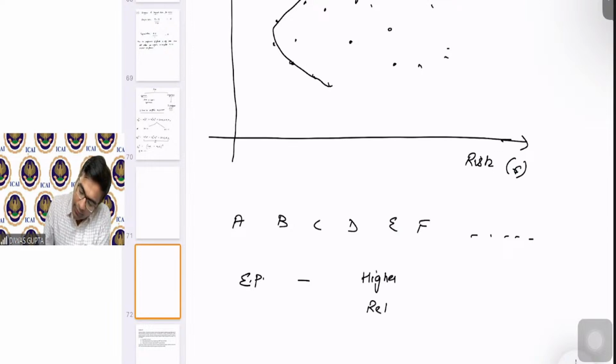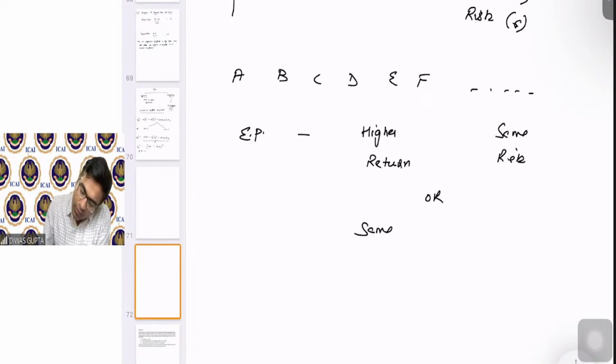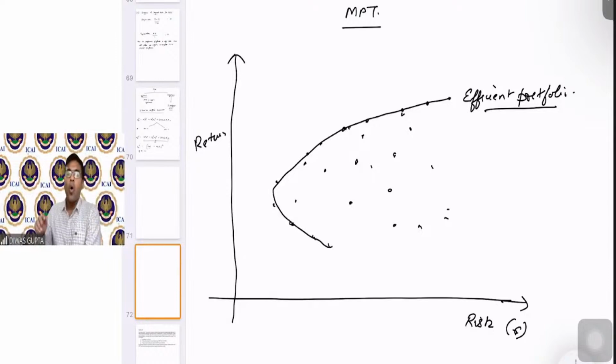Okay. What do we mean by efficient portfolio? Higher return, same risk, or same return, lower risk. So what Markowitz is saying is that for all these portfolios, these will be either giving you the highest return with the same level of risk, or the same level of return with the lowest risk, which is also true.